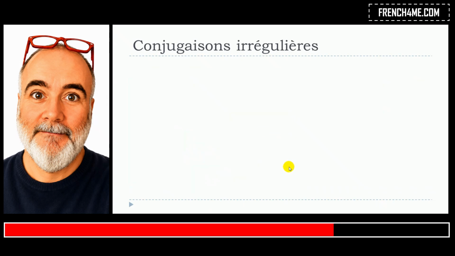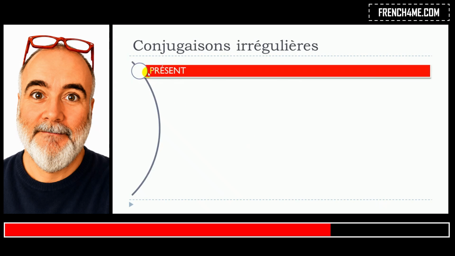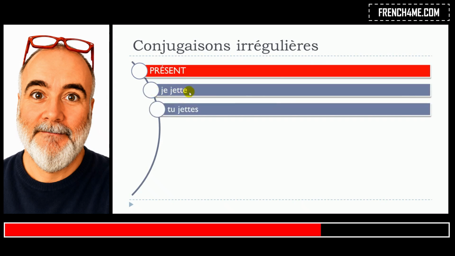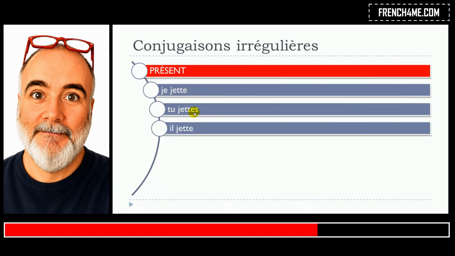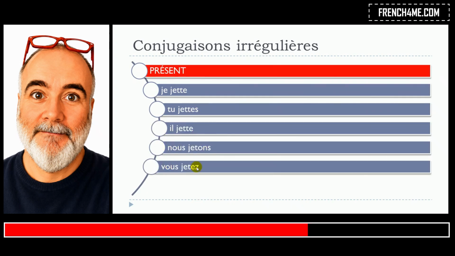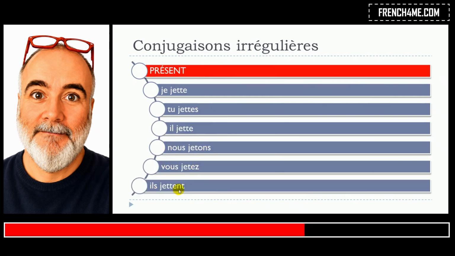And we'll see right away what these changes are for the présent form. It goes like je jette, tu jettes, il jette, nous jetons, vous jetez, and then ils jettent. So what we can see here is that je, tu, il, and ils will be affected by these changes.